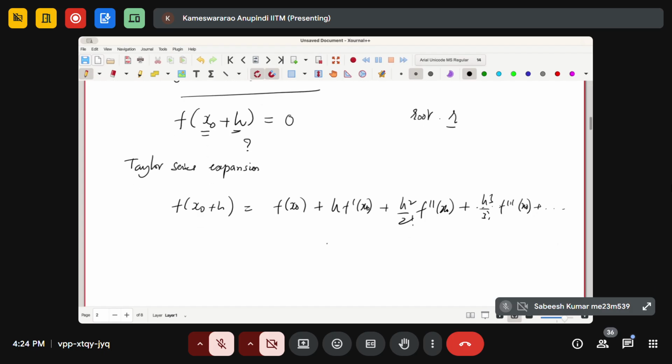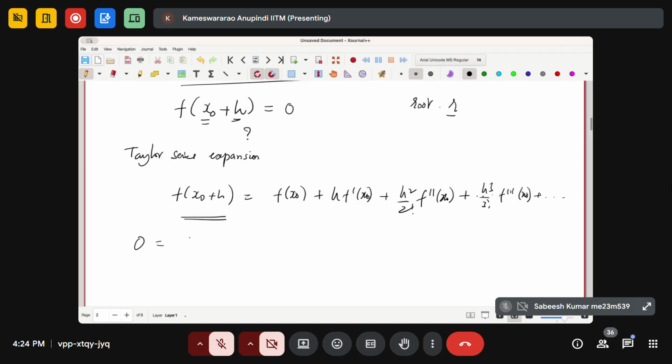Okay, and then we're going to set this value, of course, equal to 0. That means we have 0 equals f of x naught plus h times f prime x naught plus h square by 2 factorial f double prime x naught, and so on.